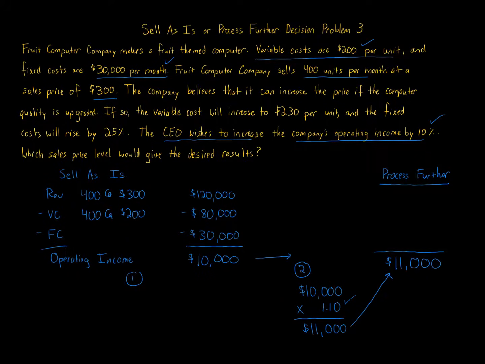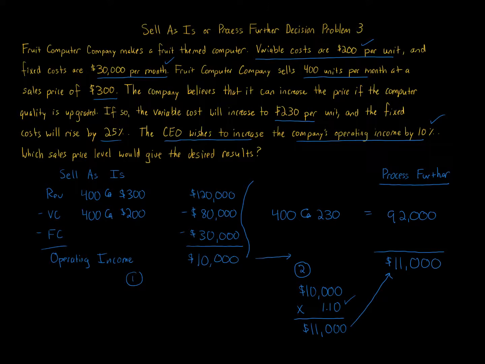Then from there, we fill in what we have. We're told the company believes it can increase the price of the computer if it upgrades, and the variable cost will increase to $230 per unit. So we can fill that in. It's going to be 400 at 230, which equals $92,000. Our fixed costs, we're told, will rise by 25%.